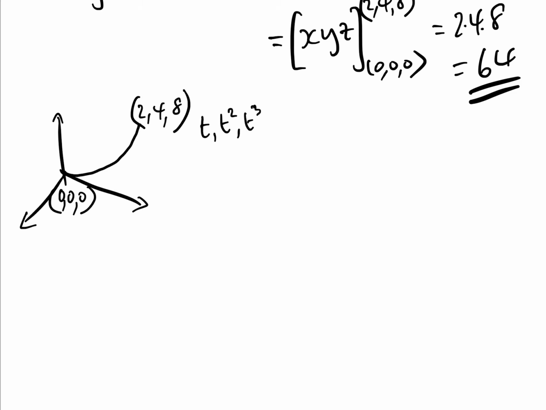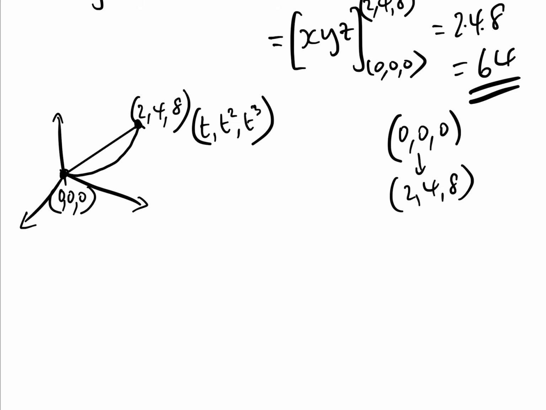So let's test that. Why not just do it as the line segment going from 0, 0, 0 to 2, 4, 8. We have to parameterize that line segment, which would be 2t, 4t, 8t for t greater than or equal to 0 and less than or equal to 1.